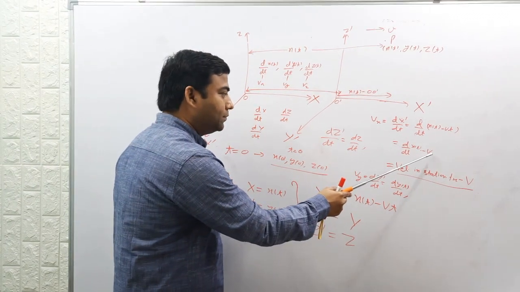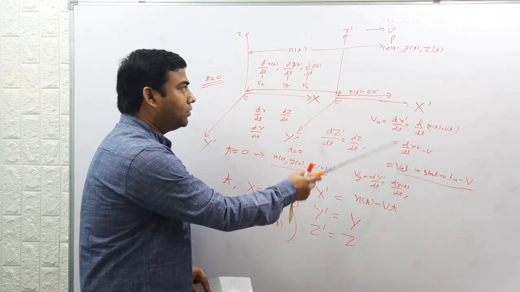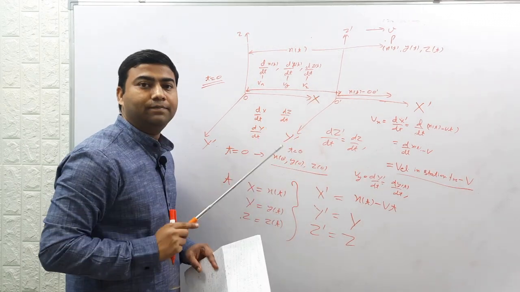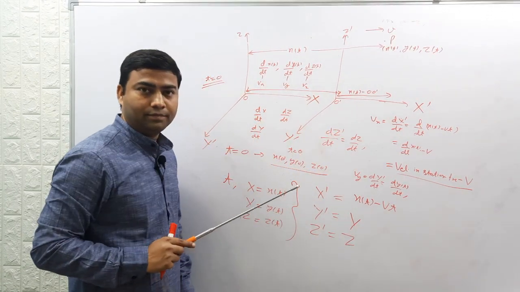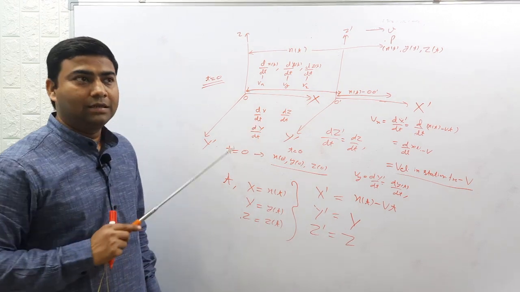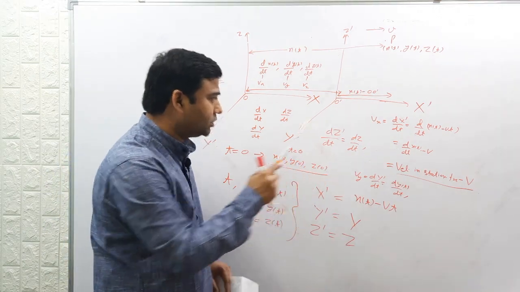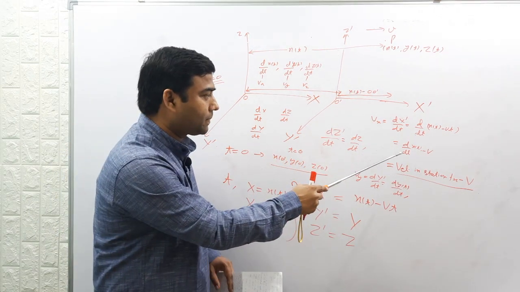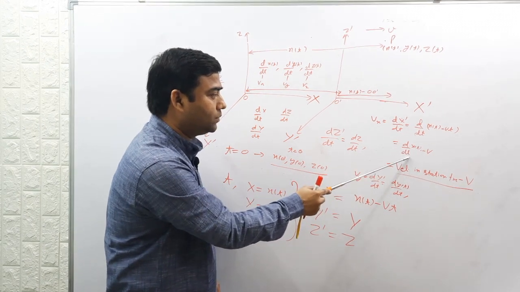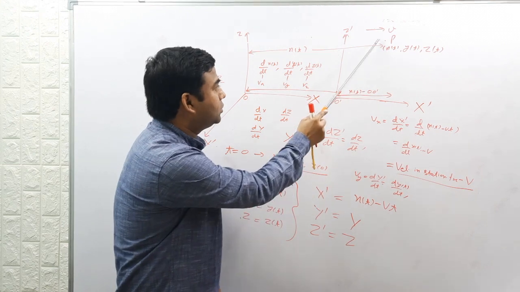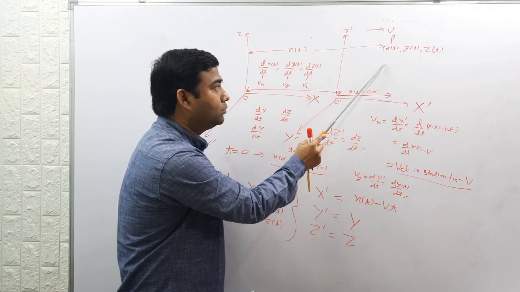So velocity of moving frame is reduced from velocity of object in previous frame to analyze its velocity from moving frame, that we have discussed in our earlier discussion of relative velocity. So here also you can see velocity of moving frame has to be reduced from velocity of this point to observe velocity of this point from moving frame.